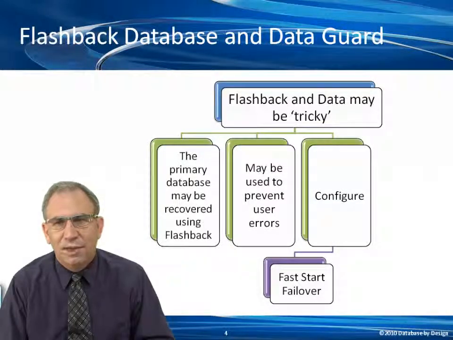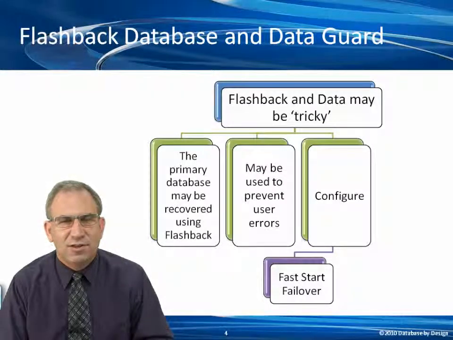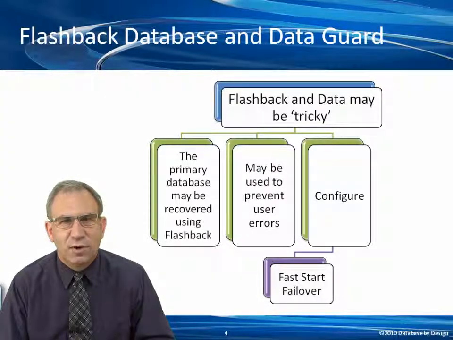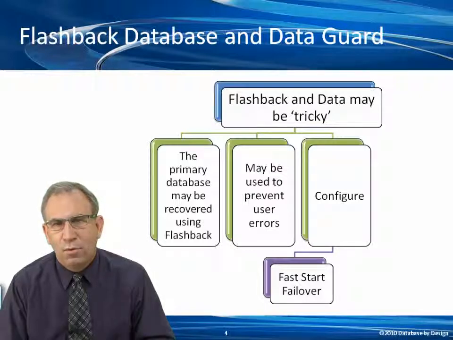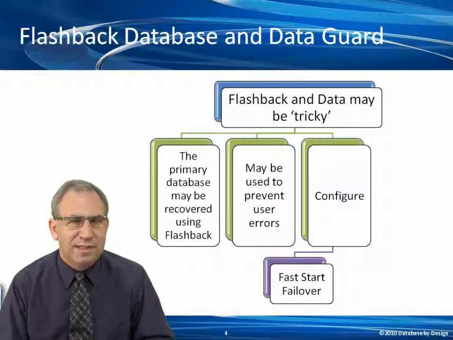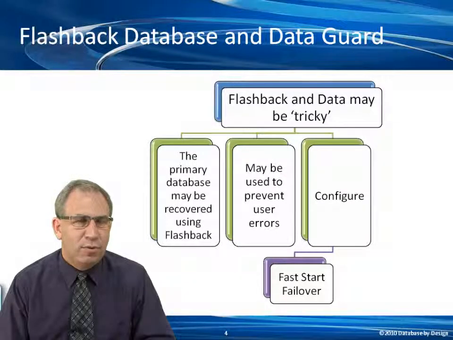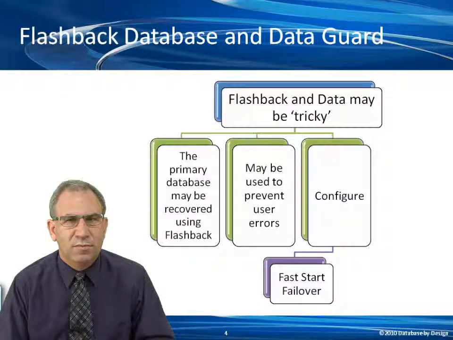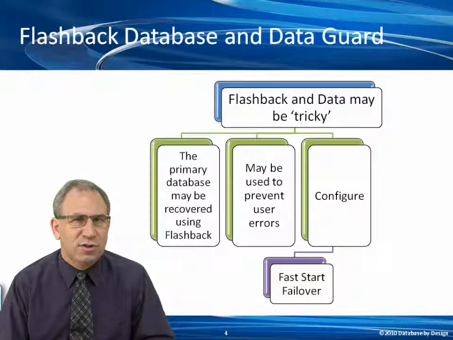Also, what we might be able to do is configure what's called Fast Start Failover. To get around some of these issues, we would configure Fast Start Failover. Fast Start Failover is a component of DataGuard Broker. When we enable DataGuard Broker, we can turn on Fast Start Failover, which says, in the event that the primary system is unavailable for n number of seconds, let's go ahead and convert over, or roll over, to the secondary system. Or we can say, let's make sure that the secondary system is no more than n number of seconds behind the primary system.